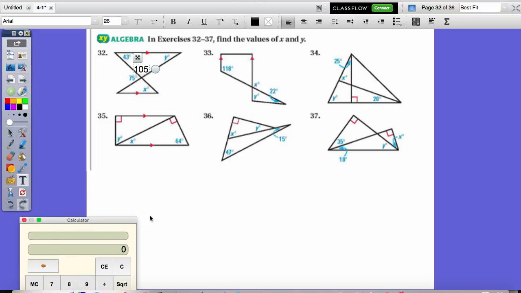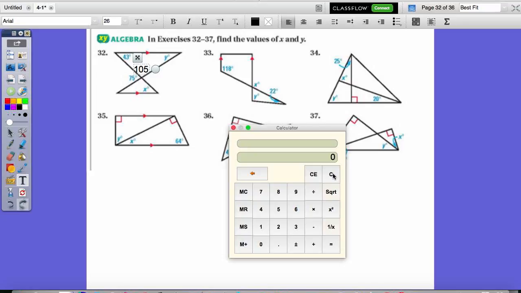Okay, so y has to be equal to whatever is left over. So 180 is what you start with. You subtract 43, you subtract 105, and you get y is equal to 32.